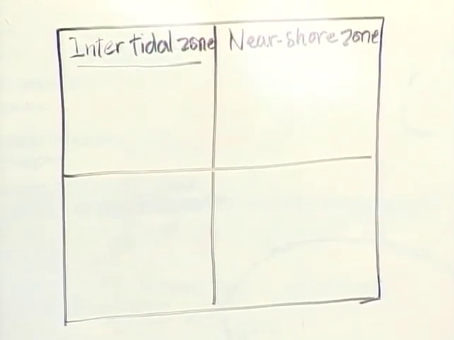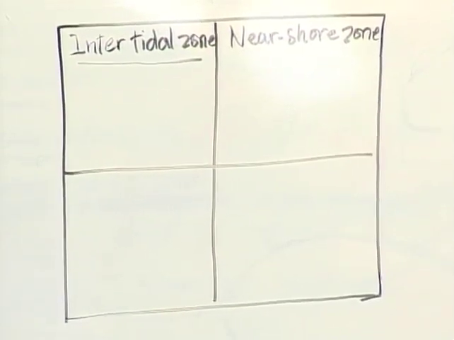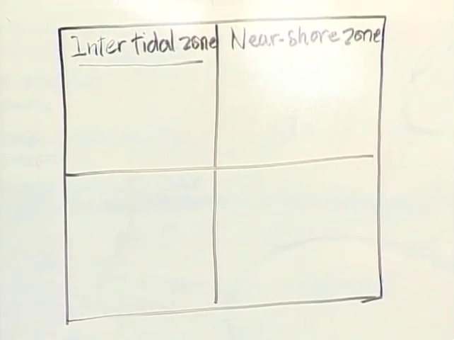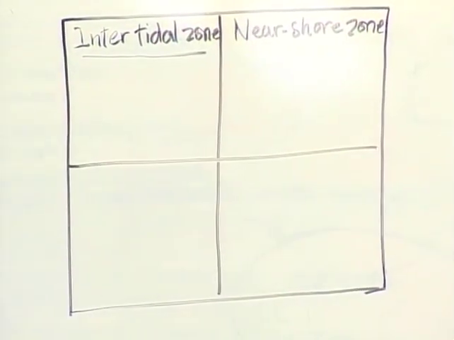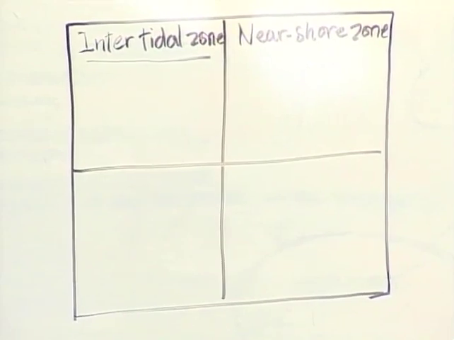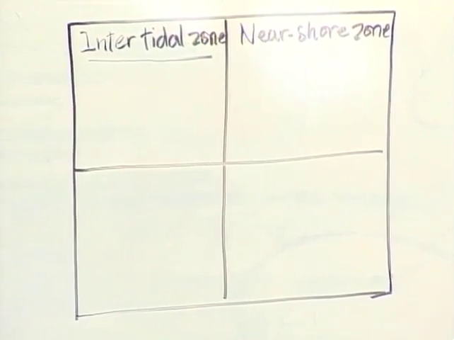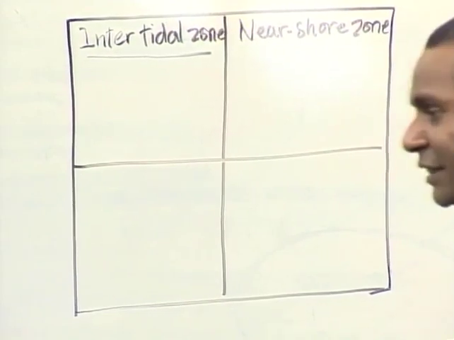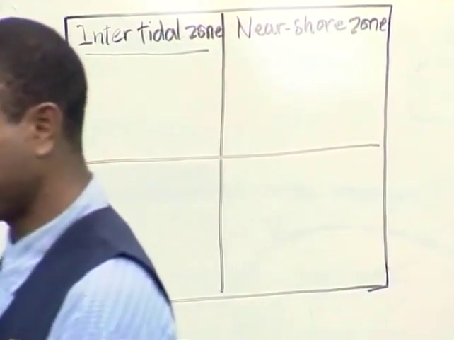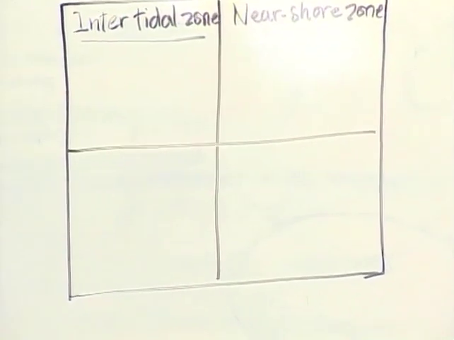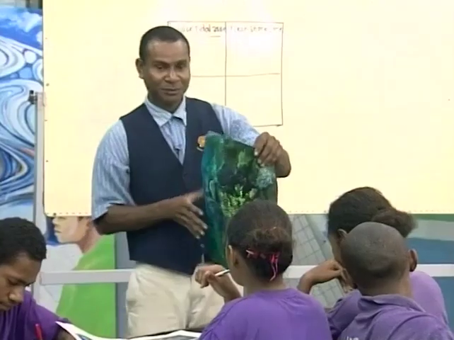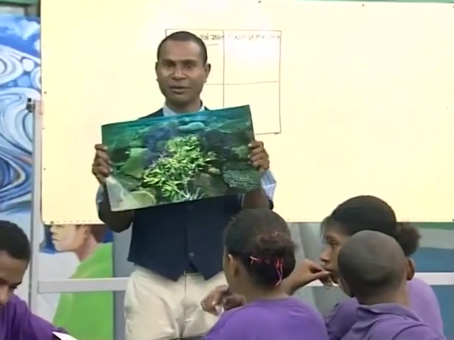Good, good. Some are very fast. That's the way. Good. We all finished. Let's have a look at some of the pictures you have brought. This group here has brought some pictures. If you have yours there, you put it in front.